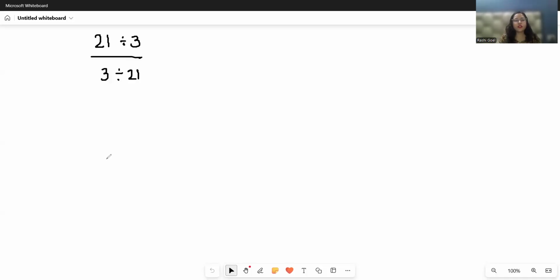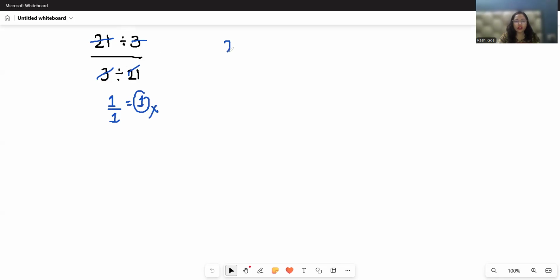So we are given 21 divided by 3 divided by 21. Many people are scared to see this type of question, and if they try to approach it, they always reach the wrong answer. They cancel out and reach 1, like this: 1 divided by 1, that is 1, which is incorrect.